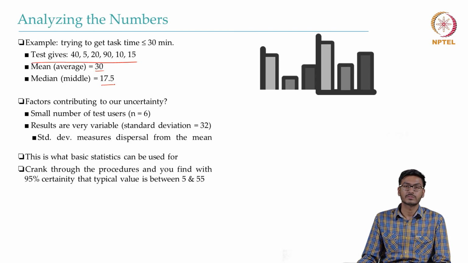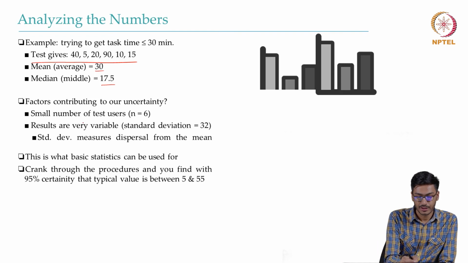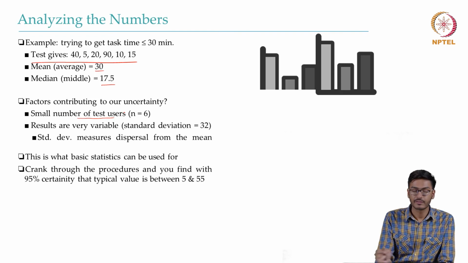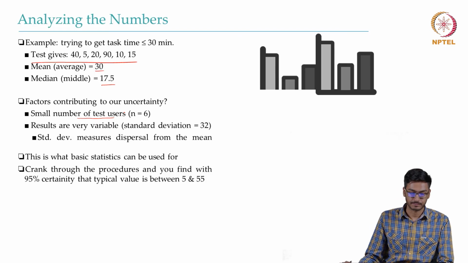These discrepancies may account for different factors. These may include the small number of test results. Because the number of users was just 6, these statistical measures may not be so accurate.